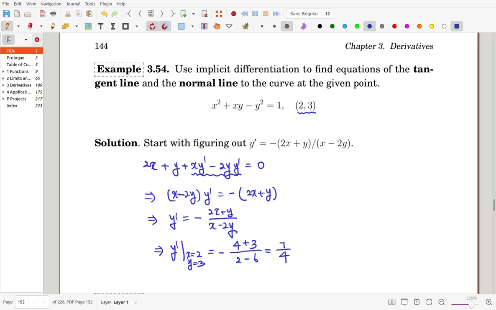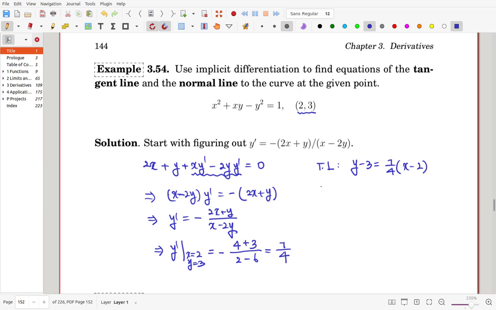We found the point and the slope, so the tangent line can be written in this way: y minus y0 equal the slope 7 over 4 times x minus x0.